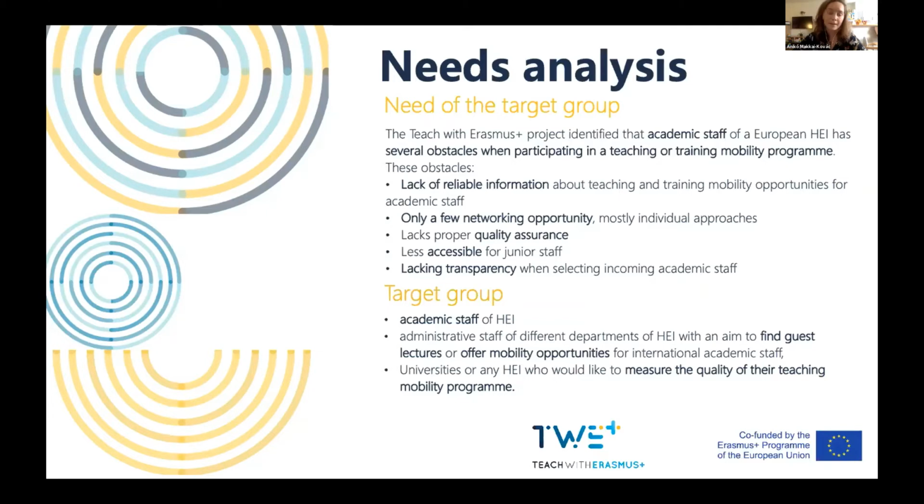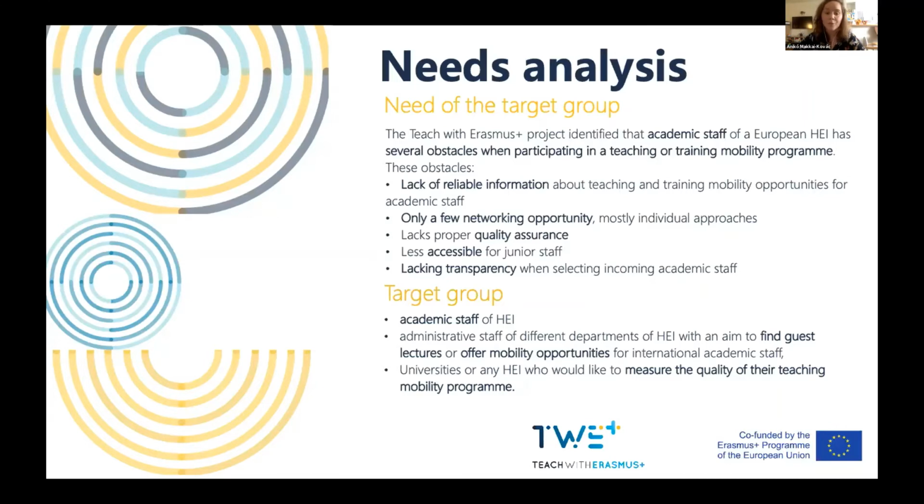The current system lacks proper quality assurance, as the first intellectual output of this project also said, and the quality is not tracked in teaching mobility in Europe today. It is less accessible for junior staff, and definitely lacks transparency when selecting incoming academic staff.